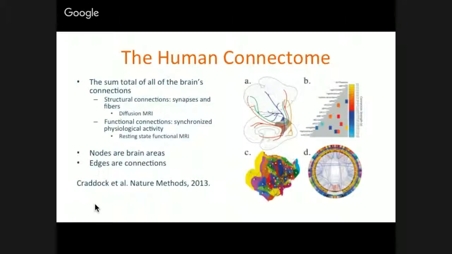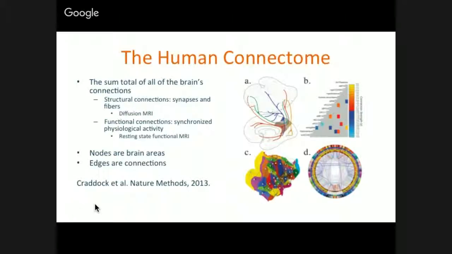With a connectome, essentially, we can construct it as a graph where the nodes of the graph are brain areas. So these are regions of the brain that are maybe functionally homogeneous or anatomically homogeneous, right? If you're using a Brodmann atlas to define the brain areas, maybe they have similar cytoarchitecture, right? If you're using another atlas, maybe they have different fingerprints.